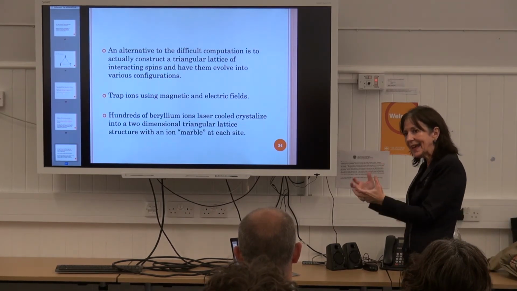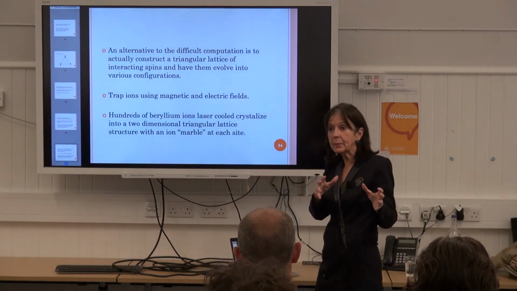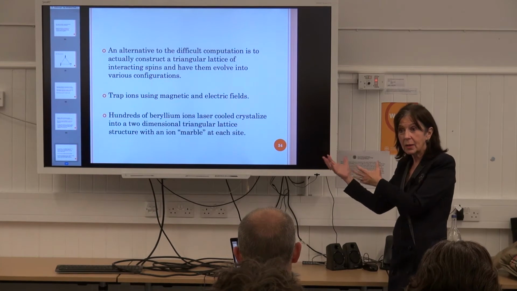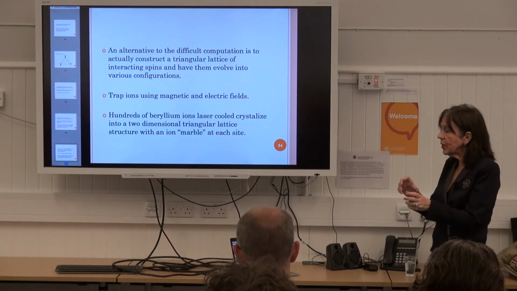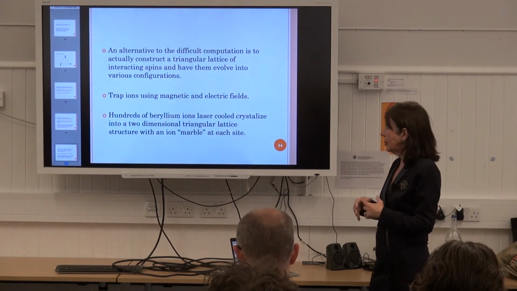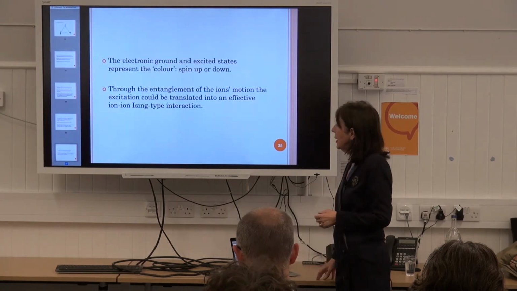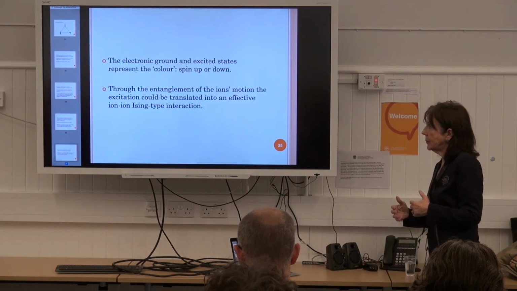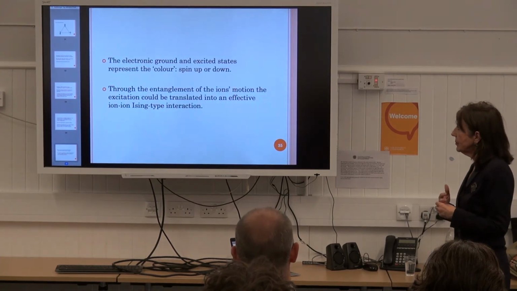So you literally take these atoms. This is like the analog of Fitzgerald's wheel and band thing, right? It's a physical process. You trap these ions, you laser cool them, and then you see how the configurations evolve. And you cool them into this kind of lattice structure. So the up and down states represent the different colors.